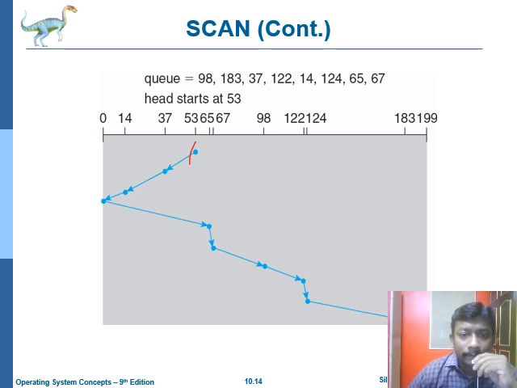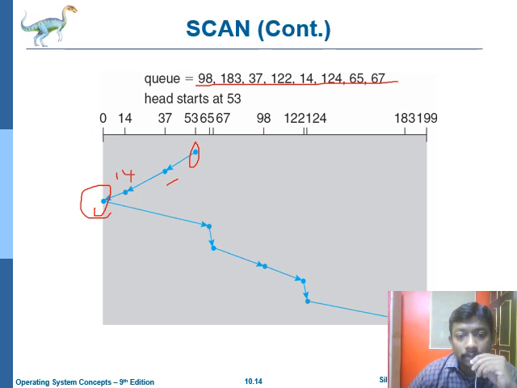Initially the head points to the 53rd. How it works: it will go towards one end of the disk. From the 53rd it will go to the 37th sector, then 37 to 14, and finally reach the one end of the disk. From there it has to be reversed.